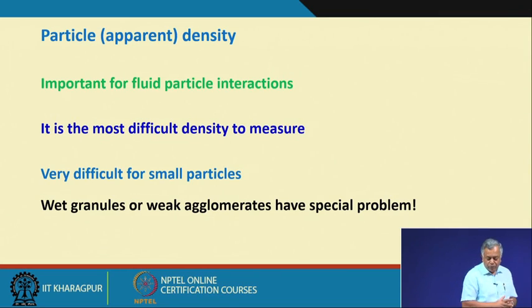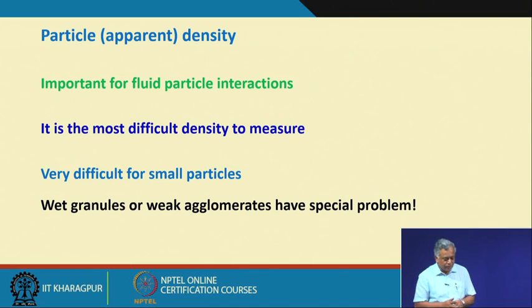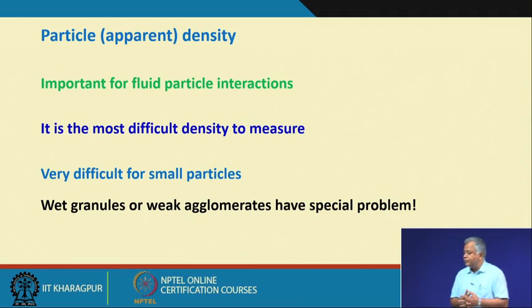The most critical, most difficult part is knowing the particle apparent density, but it is very important while dealing with fluid particle interactions, and most of the mineral processing operations are wet.